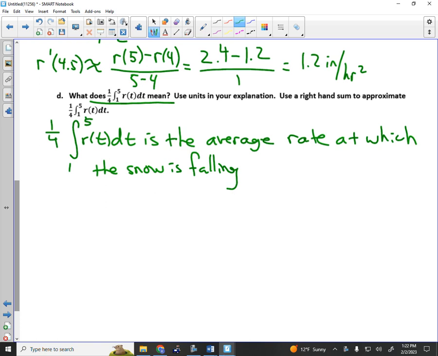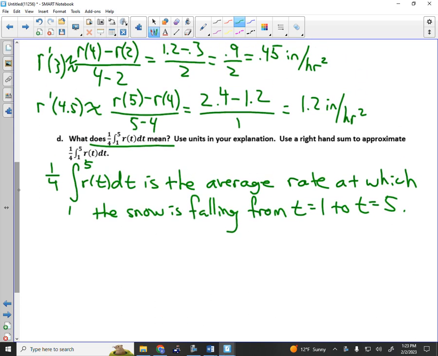Sometimes I leave it there and I get a point off when I'm looking at my free response questions on the AP exam. I've got to list something else: from what time? Time equals 1 to time equals 5. So you've got to talk about the time frame, and reference the bounds. From time 1 to time 5, that's what's happening. It's the average rate.